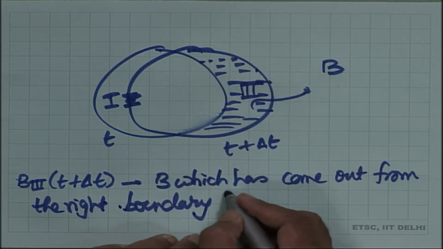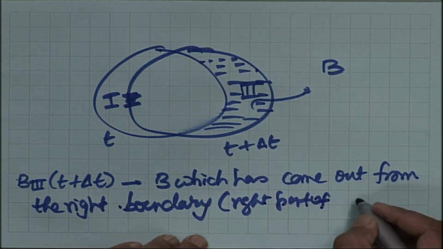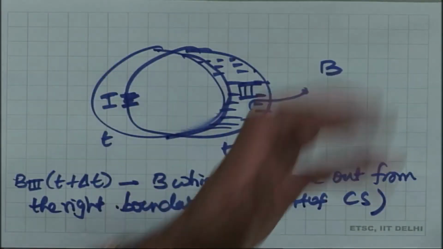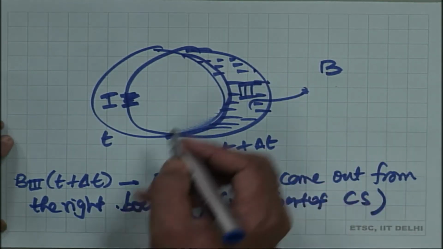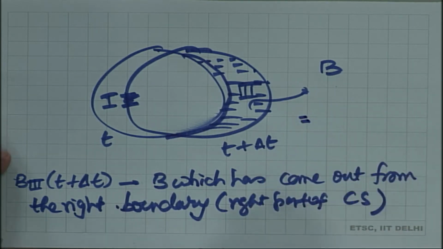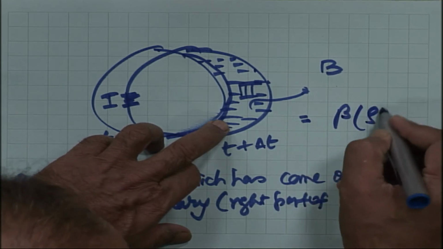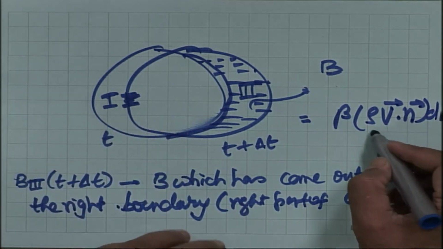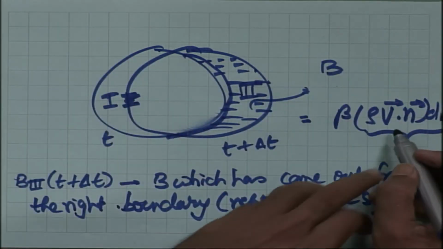It has come out from the right boundary, that means the right part of the control surface. Whatever has come out from here is what is accumulated in this region 3, and this is nothing but equal to, if you think about it, beta times, if you recall, the volume flow rate of the fluid which has come out.